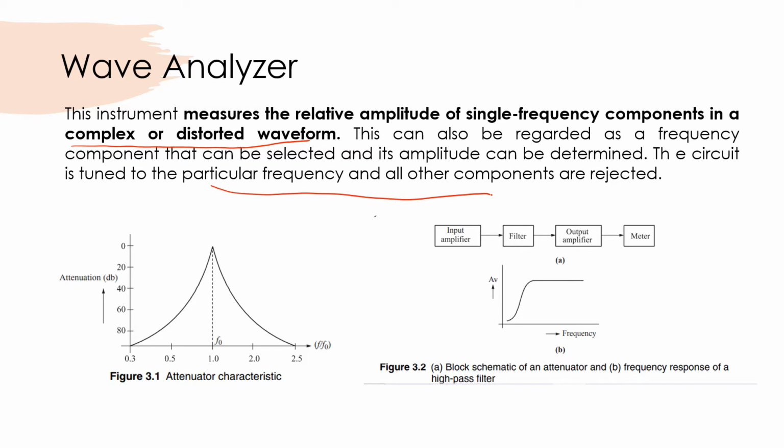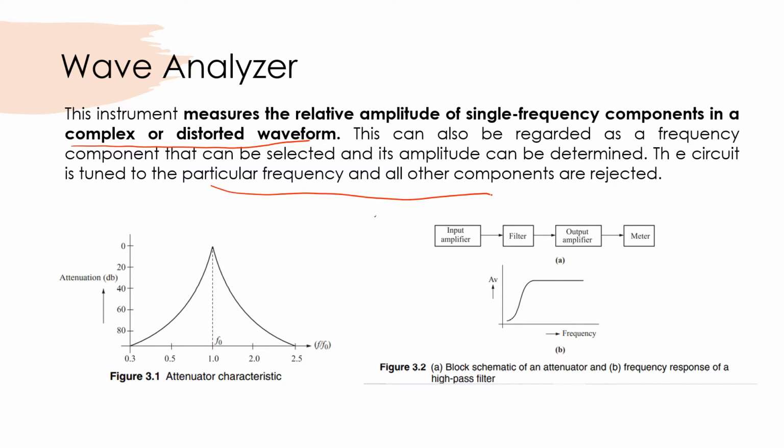So the wave analyzer is used to analyze the waveform generated by, for example, a function generator. We have figure 3.2. This is the block schematic of an attenuator, and also the frequency response of the high pass filters.